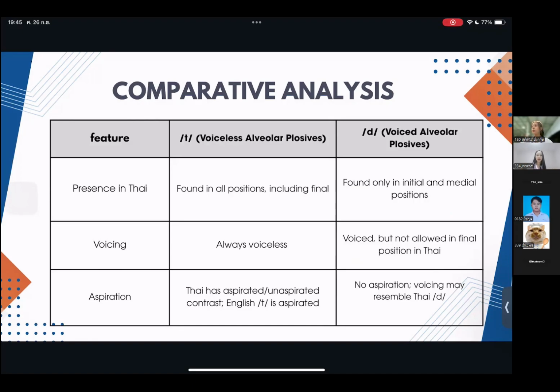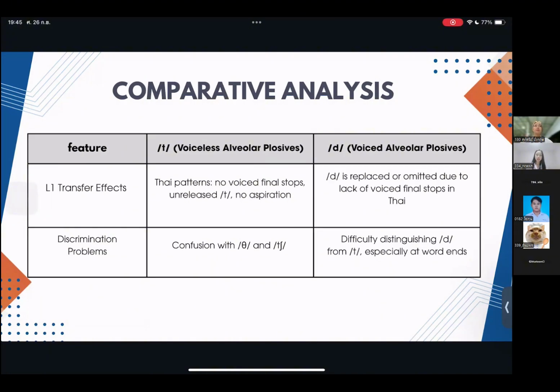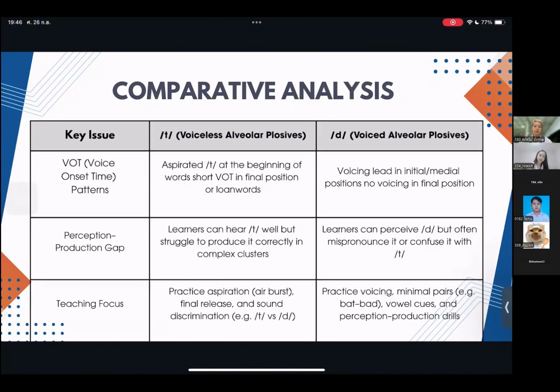If we compare across the studies, most researchers agree on this pattern. They point to L1 transfer as the root cause, because Thai phonetics simply don't match English. However, there is some disagreement. Some newer studies show that young Thai learners are getting better at producing the sounds in initial and medial positions.